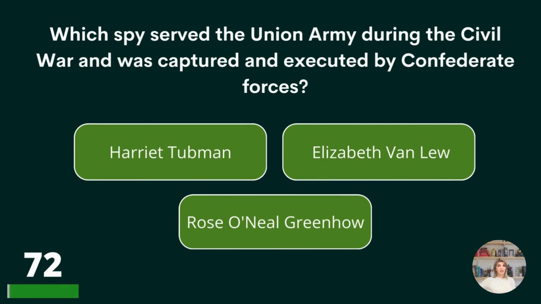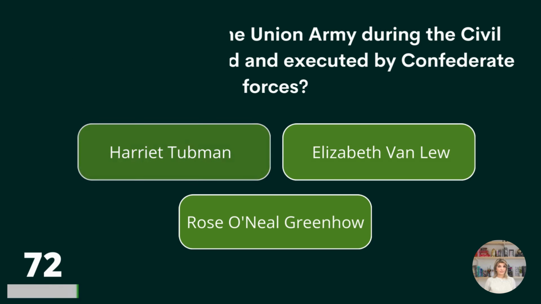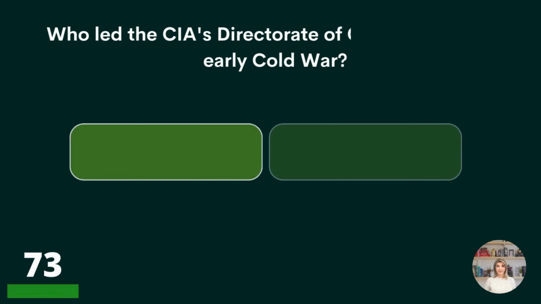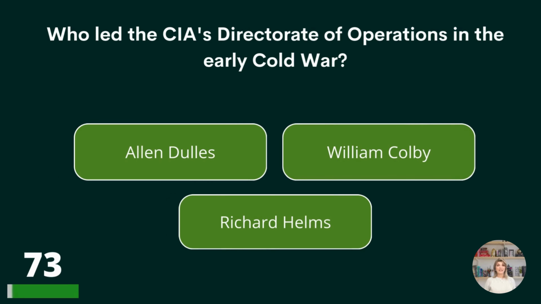Which spy served the Union Army during the Civil War and was captured and executed by Confederate forces? Harriet Tubman, Elizabeth Van Lew, or Rose O'Neal Greenhow? Rose O'Neal Greenhow.